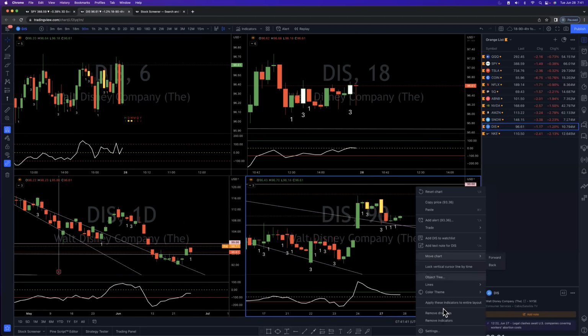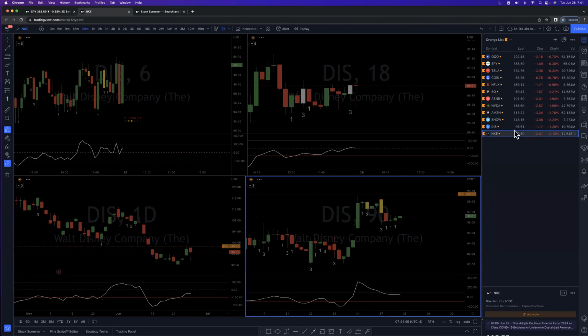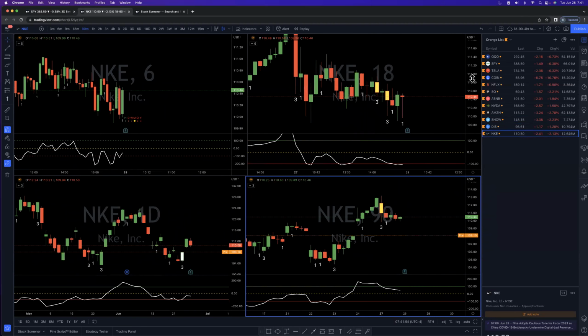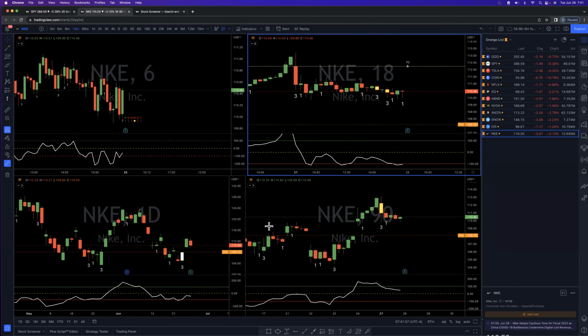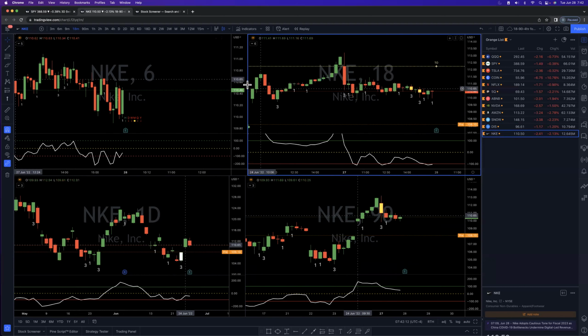Disney, I don't like Disney as a trade. Let's see, Nike short. Not a lot of movement in Nike. High volume, but the average daily range is only a few dollars, so we really have to be careful getting a good entry so the option can move on those.